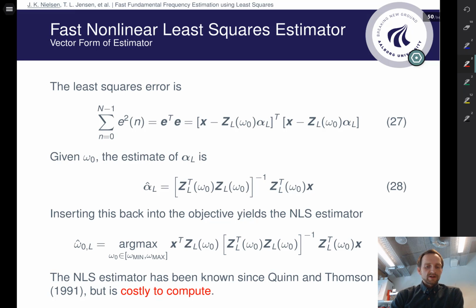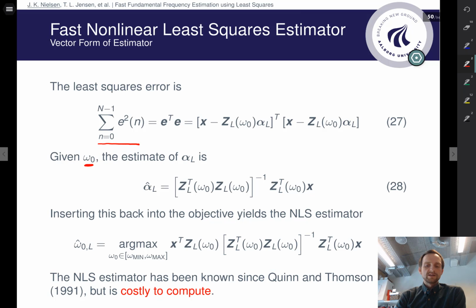So the least squares error we can also write in a vector form. This was the form you saw before. In vector form, it will just be the inner product of this error vector with itself. Then we can insert the expression of the error vector here, and we get what we have in 27. If we then assume omega_0 known, we can easily optimize this for the linear parameters, and we get this least squares estimate of the linear parameters.